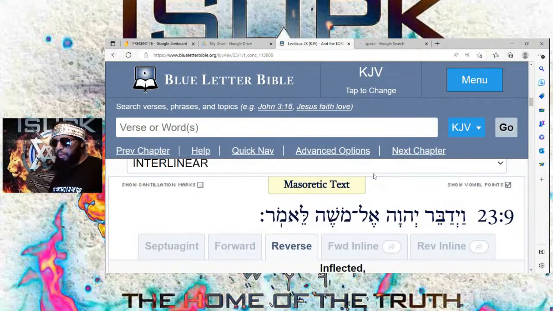For an example, Moses is writing Leviticus. And so he's writing in third person because the Lord is speaking to him, but he's taking note of everything the Lord is saying.